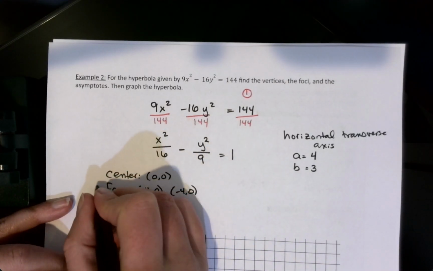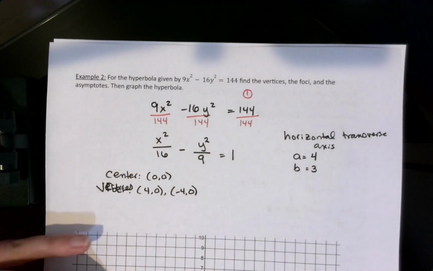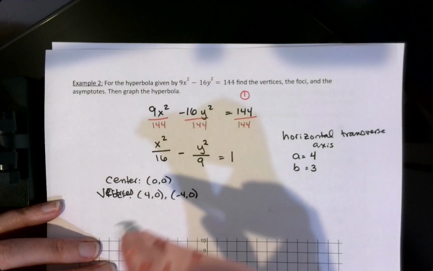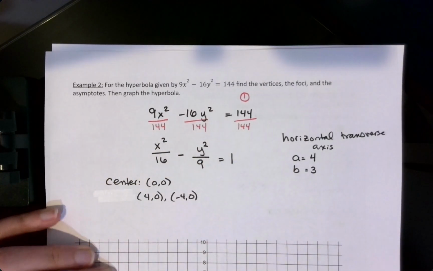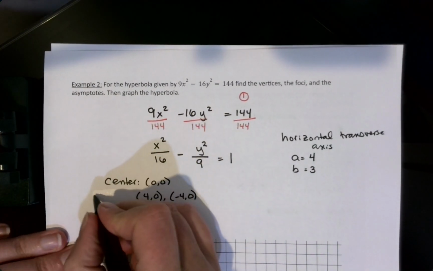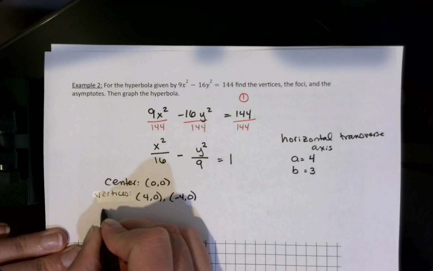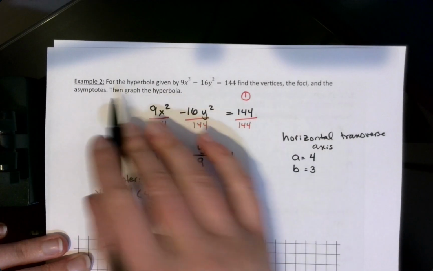Oh, I'm sorry, I first called those the foci, but that is the vertices. I have not found c, so I don't know the foci. I was getting ahead of myself. Those are the vertices, and I still need the foci. Vertices, foci, and then the asymptotes.